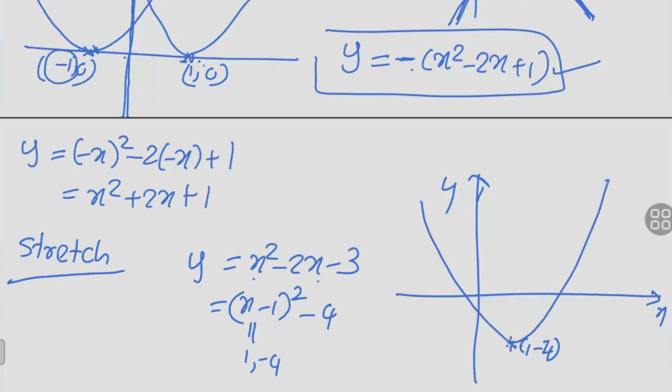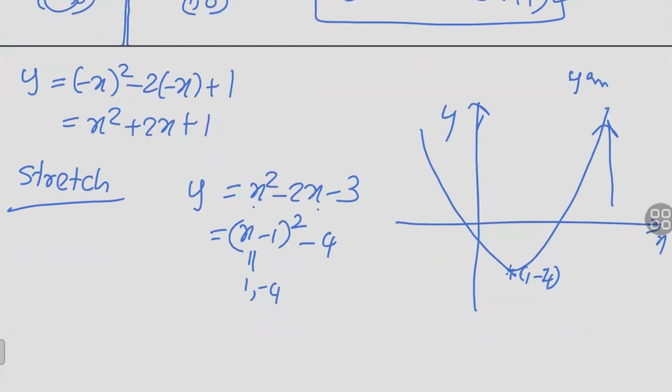Now once we go to stretch this, the stretching is done parallel to the y-axis, right? So then what is changing? There is a scale factor. How many times are you going to stretch? Let's say scale factor 2.